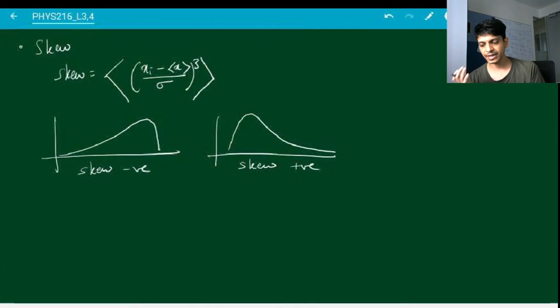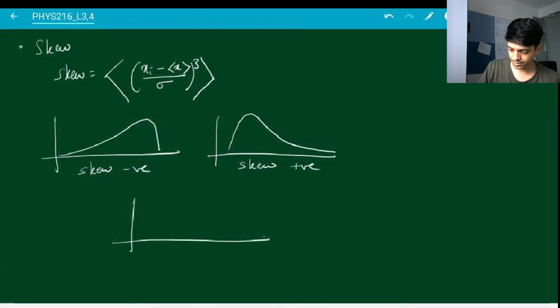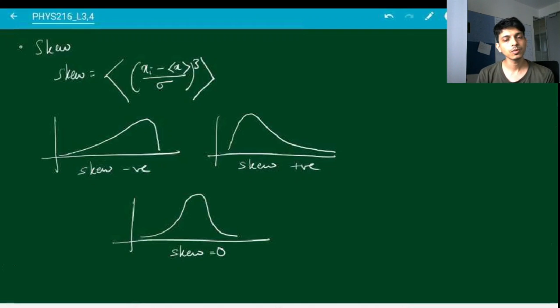And if you have a perfectly symmetric distribution, then the skew will be 0. So skew is telling you how much your distribution deviates from being perfectly symmetric. Is it bent towards the left? Is it bent towards the right? That is what skew tells you.